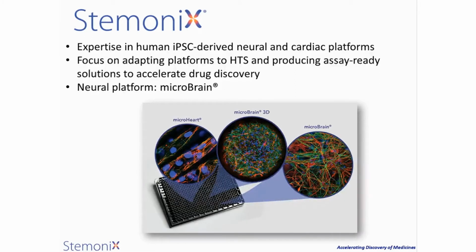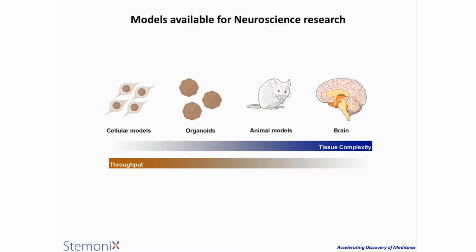We focus on adapting this platform for high-throughput screening and producing assay-ready solutions to accelerate drug discovery. So basically, the customer receives the plate ready to go to the assay. The cells are already plated, or in the case of the 3D, you have these spheroids in suspension for these assays. I'll be focusing my talk today on the neural platforms that we call microBrain, more specifically microBrain 3D.